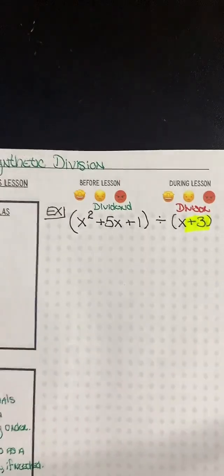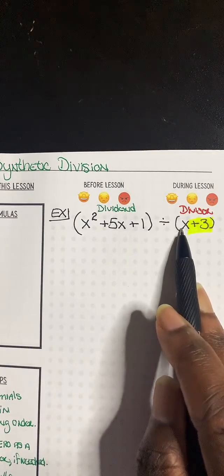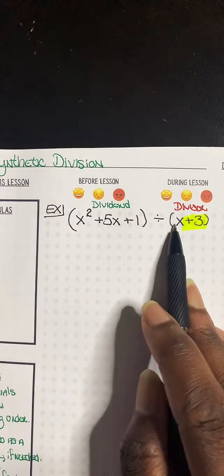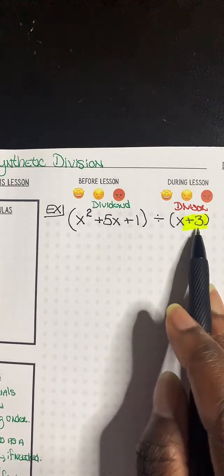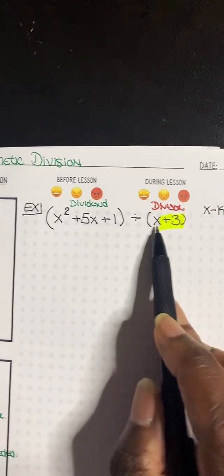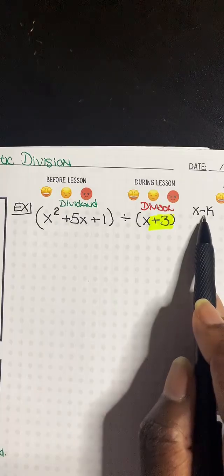So what we're going to do is, first of all, my coefficient in front of the x needs to be 1. Once I see it as 1, and I have a binomial, I can do the synthetic division each and every time. So here, I am seeing x plus 3. The original is x minus k.